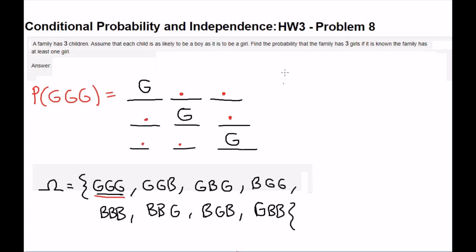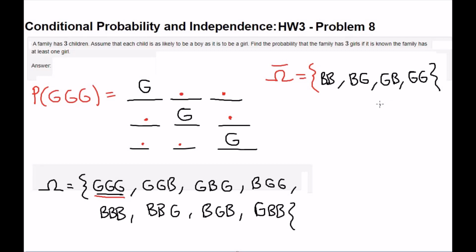So our new sample space, let's call it omega hat, will be: the first one is a boy, then the second one is a boy, or first one is a boy, second one is a girl, or first one is a girl, second one is a boy, or they are both girls. So this is our new sample space.